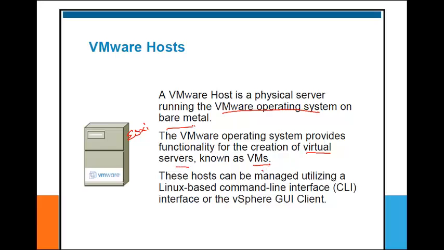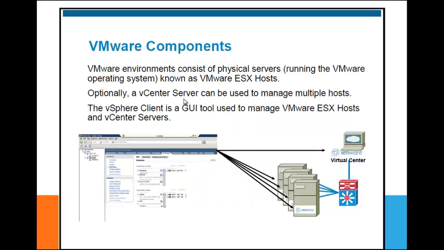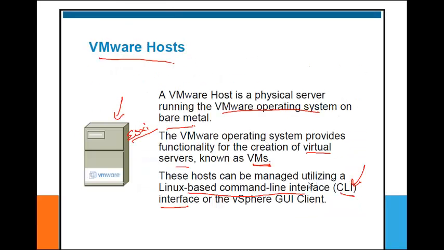We call that particular host that has got VMs on top of ESXi, the hypervisor, as VM host. These hosts can be managed utilizing the Linux-based command interface or CLI interface. That is, if you are using server, as we saw in the previous slide, vCenter server, then it will be CLI based Linux command, or vSphere client, which is a GUI.